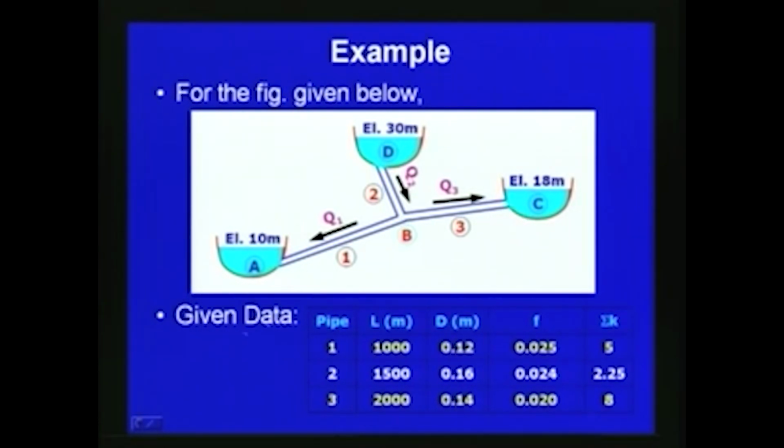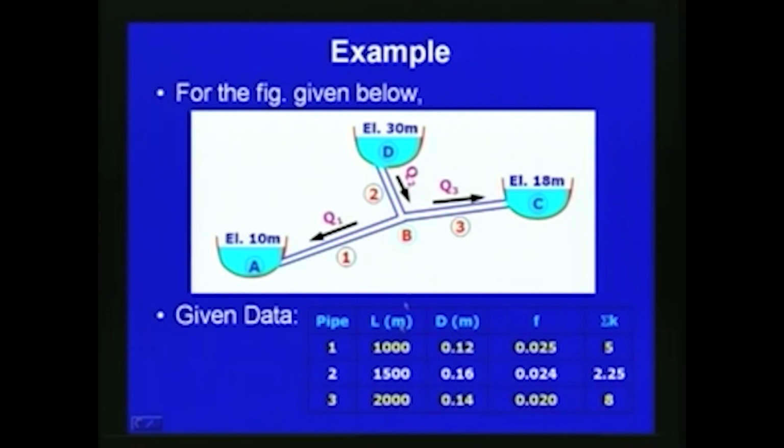The given pipe data are: for pipe 1 the length is 1000 meter, the diameter is 0.12 meter, the friction factor is 0.025, and the minor loss coefficient sigma k is 5.